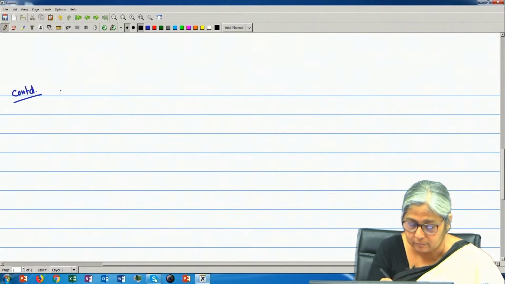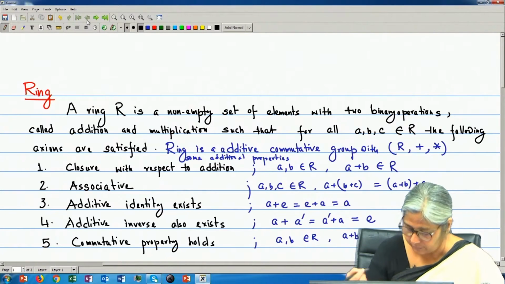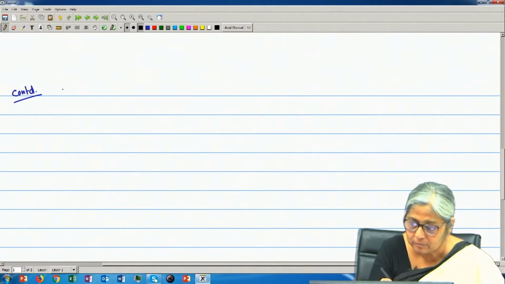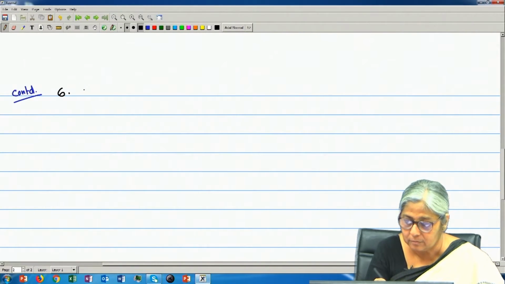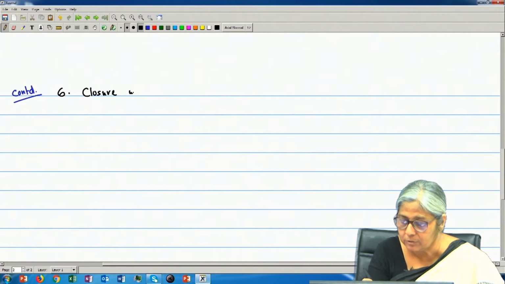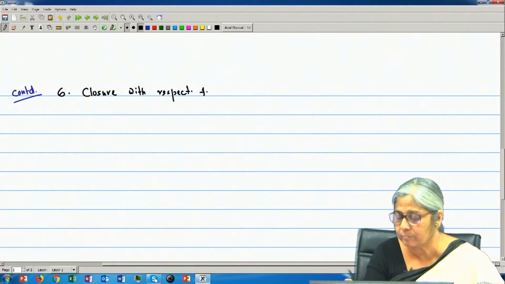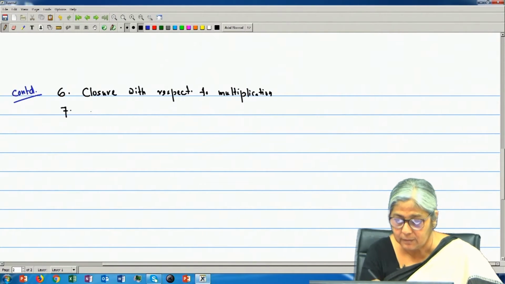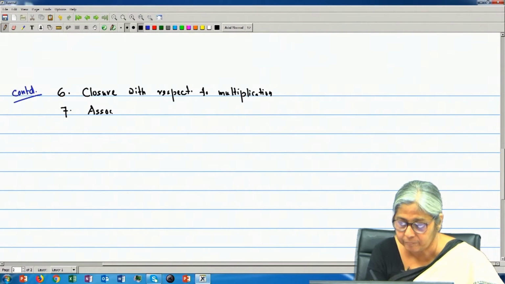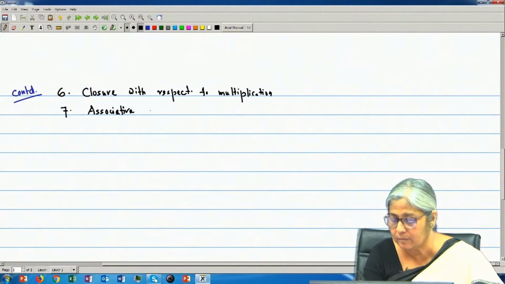Again, the sixth property will be the closure property, closure with respect to multiplication. Then it is associative with respect to multiplication.